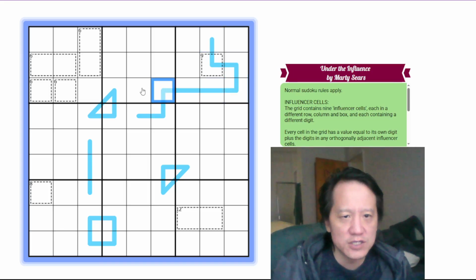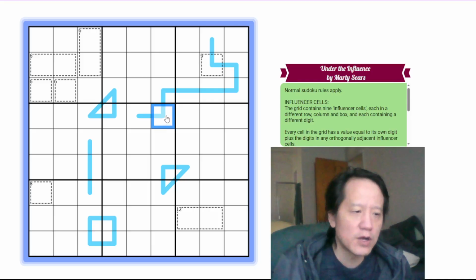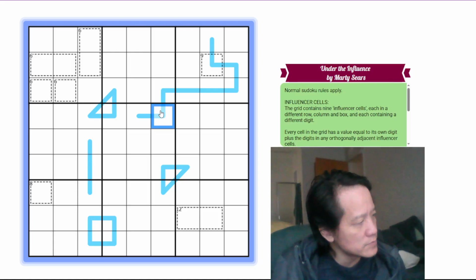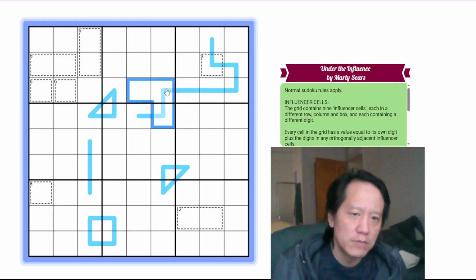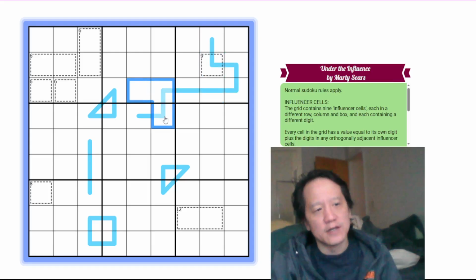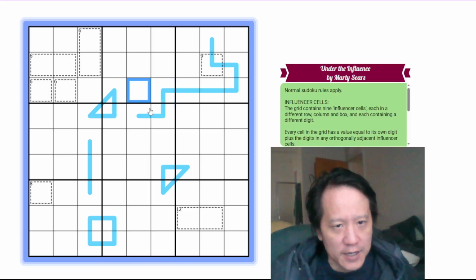So this and another digit, the other influencer cell, would have to be greater than that. Oh, you can't have 9 and 9. You have to have at most... It has to be 7, 8, 9. So this is at most 7, 8, and 9 because the influencer cells have to have different digits also. It can't be 9 and 9.